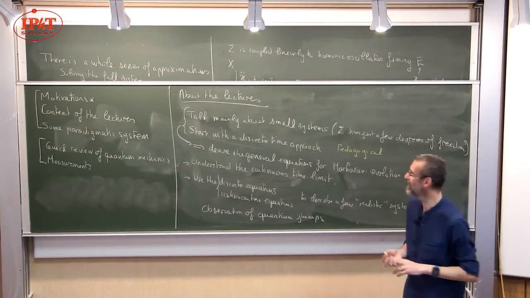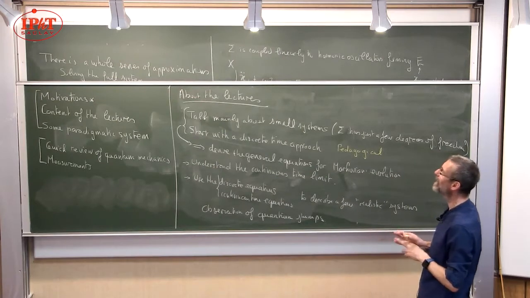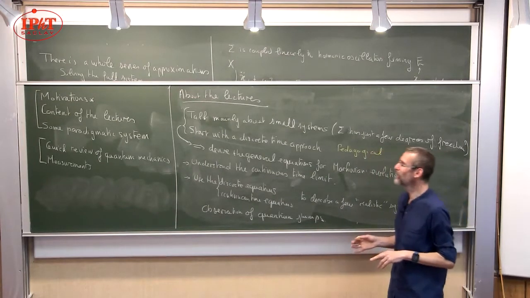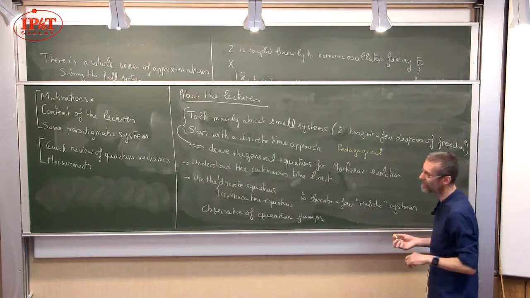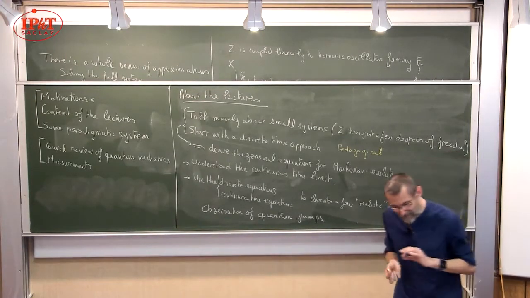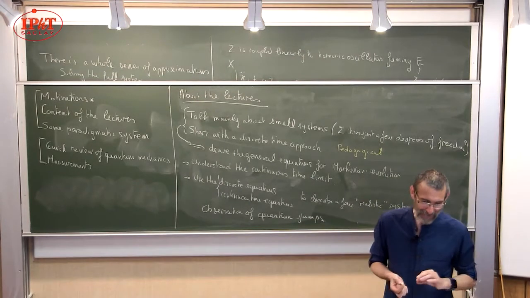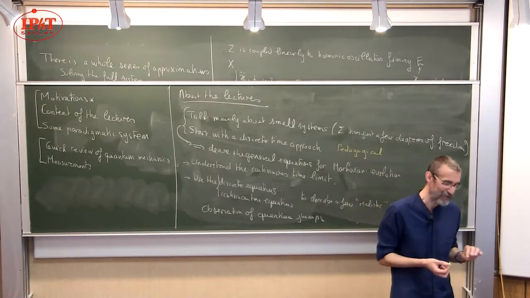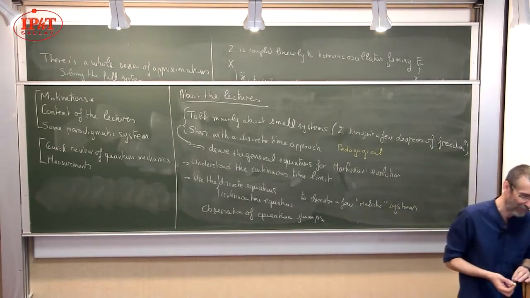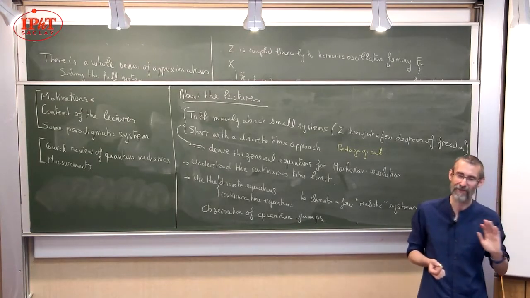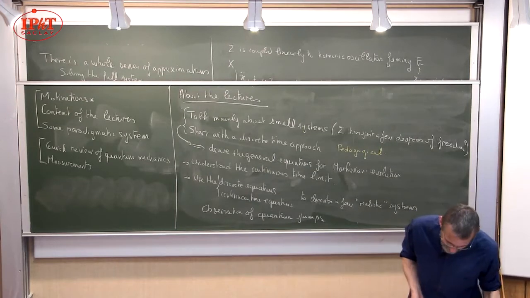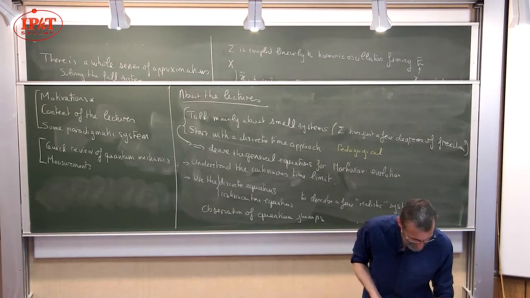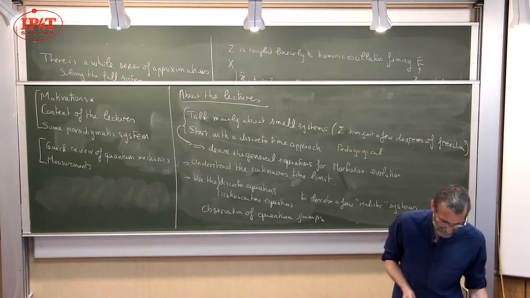This has made it possible to manipulate small systems in labs, and I will show you some experimental setups later on, and to do extremely beautiful and delicate experiments which test the basic principles of quantum mechanics on the one hand, and on the other hand are close to technological applications. I think it's a very beautiful subject, if only for that reason.